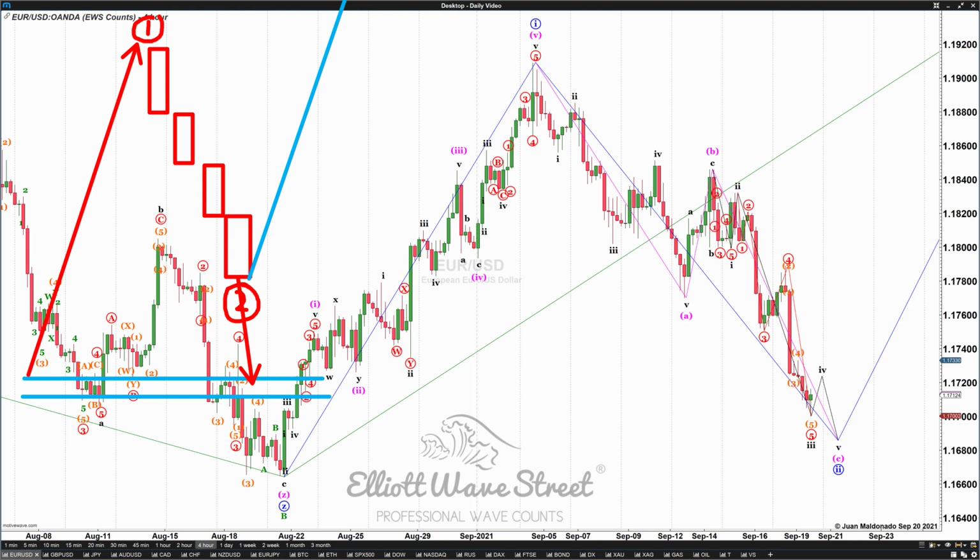And that something else is called the validation. The Japanese traders were saying from centuries ago that when we are finding the end of a corrective wave, or the end of anything, we should see some buyers, and they call that the bullish engulfing candle.